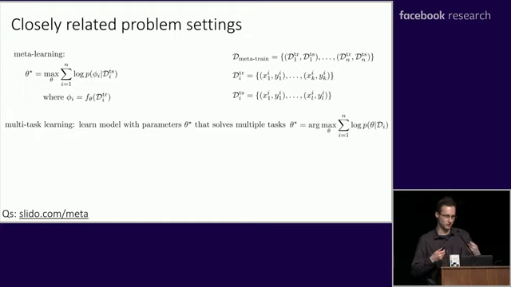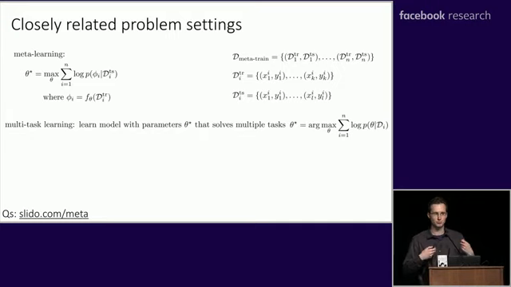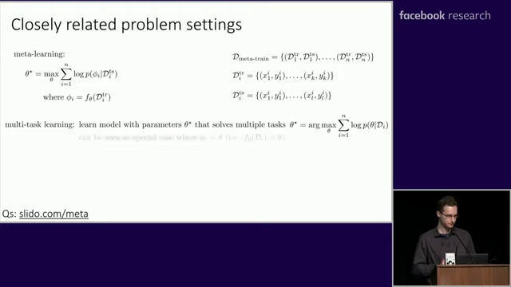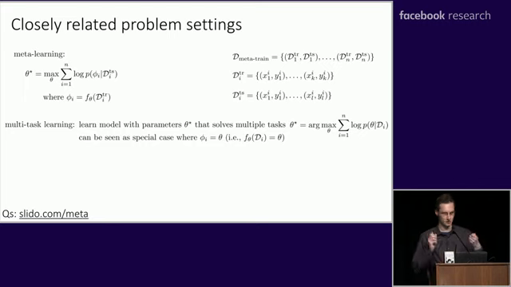That corresponds to just finding parameters that immediately solve all the tasks at the same time. This is usually not possible in meta-learning problems. You can't have one model that does the 5-way classification with dogs and lions and also with the pianos and the cats. But you can view multitask learning as a special case where phi is just equal to theta.